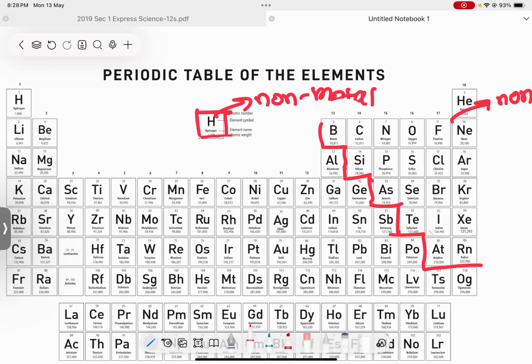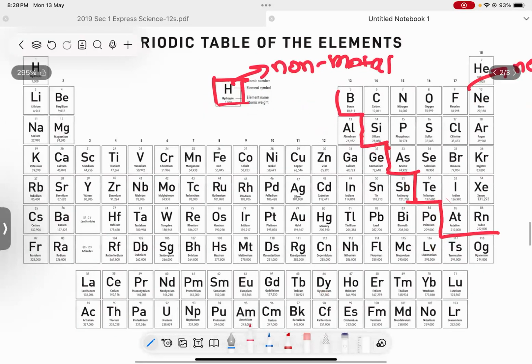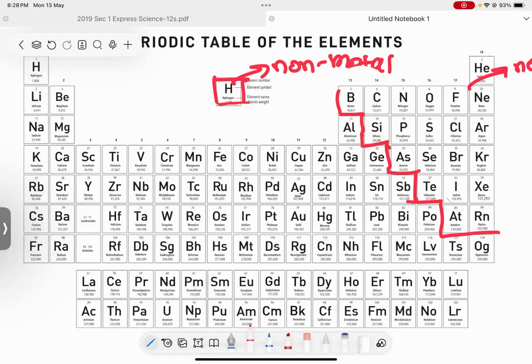Okay? So, for example, cuprum. Let's find where cuprum is. Oh, this is a little tough. Let's see. Okay, it looks like I can't find cuprum in this.